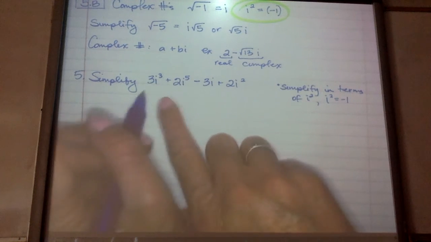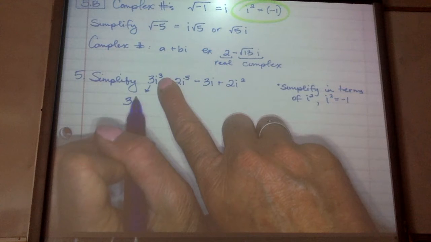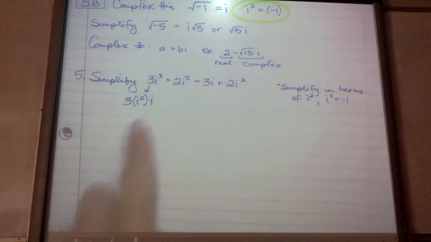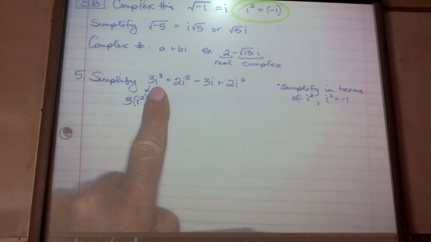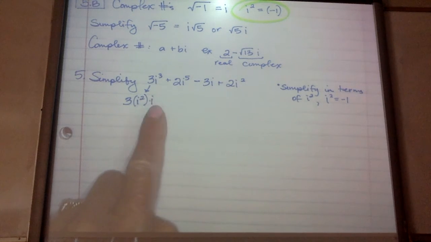For this first term, i cubed is the same as i squared times i. There are 3 of them, and I'm going to group them in pairs of i squared. So 1, 2, 3.